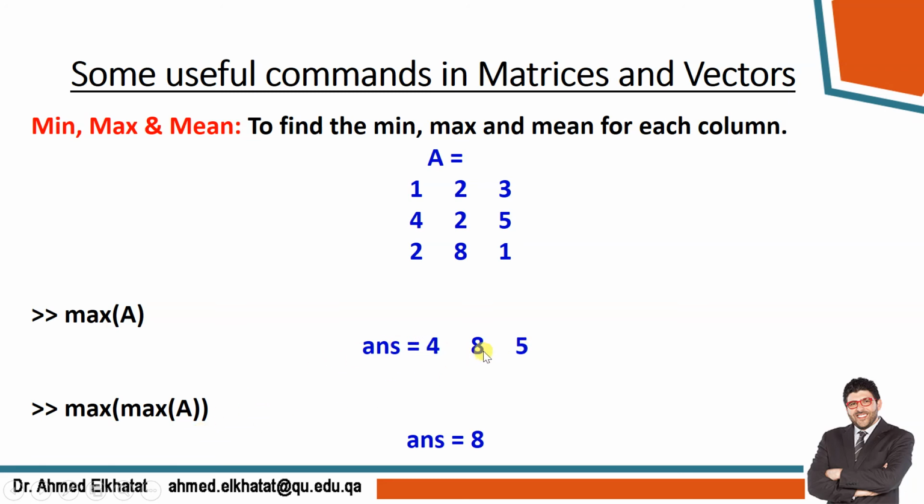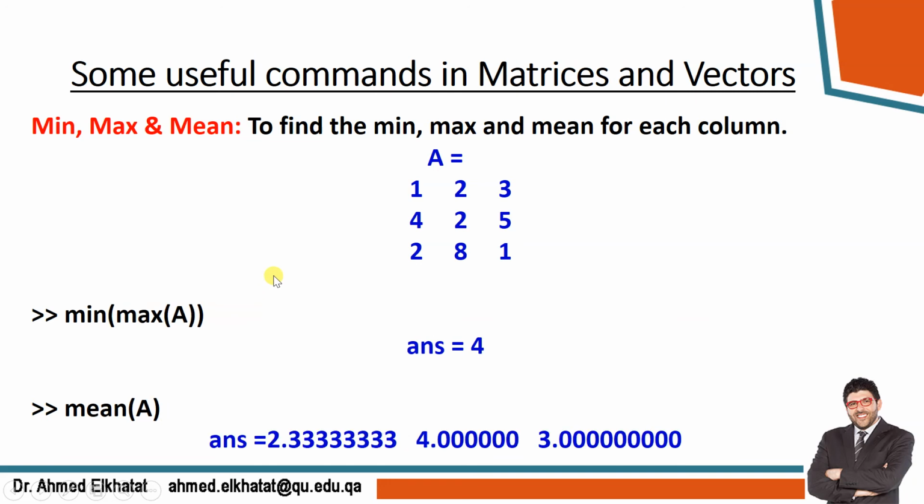Of course, you can choose the minimum of the maximum, so it will be 4 if you do it like this. For mean, it will find the mean or average of each column. So it finds the average here, here, and here, and we have these averages.